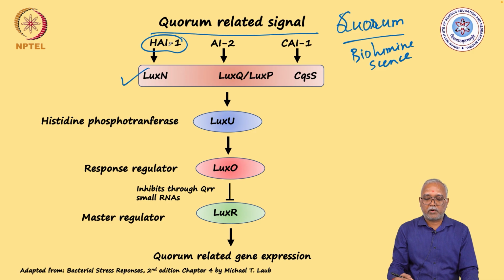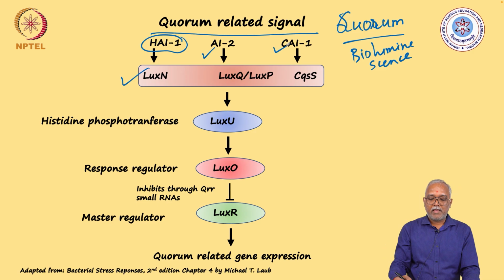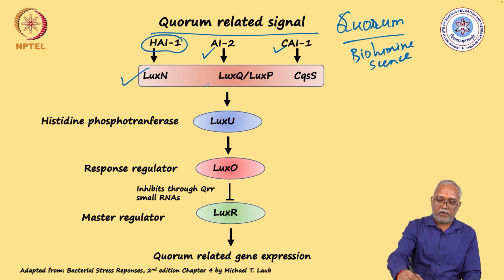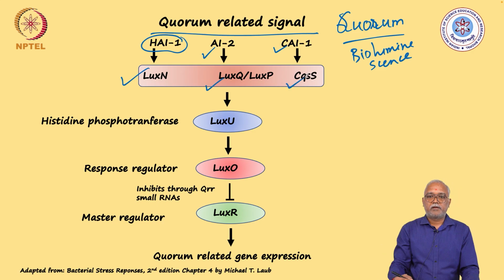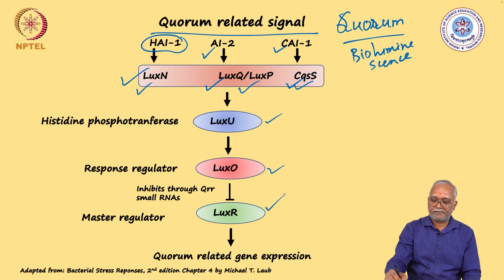AI stands for autoinducer. There are different types of autoinducers which are produced, and they work on their respective receptors. What you notice here again is that this is many to one kind of signaling, where three different receptors shown here work through a response regulator and so on, in the lux family of genes: Lux U, Lux O, Lux R.